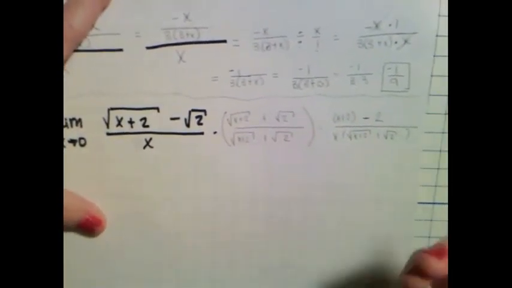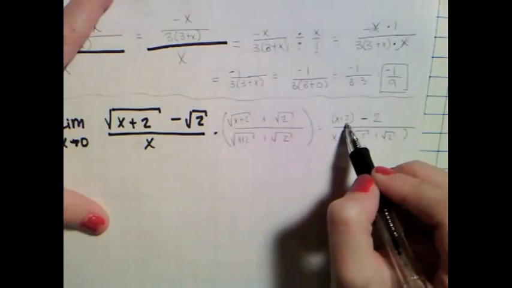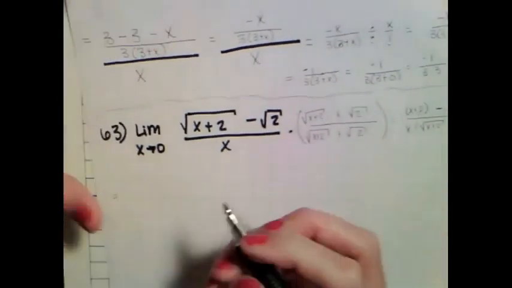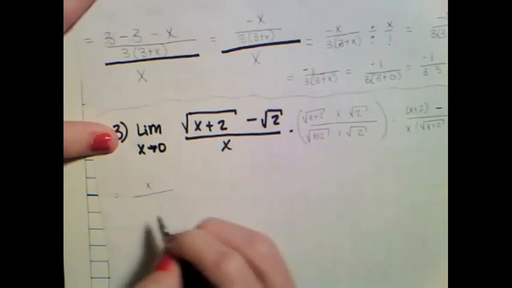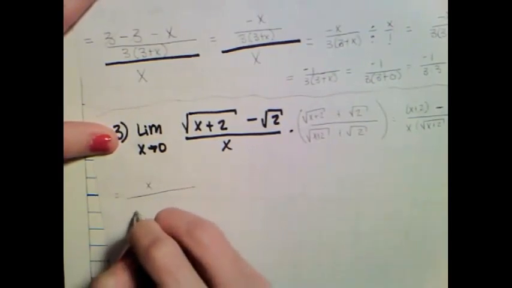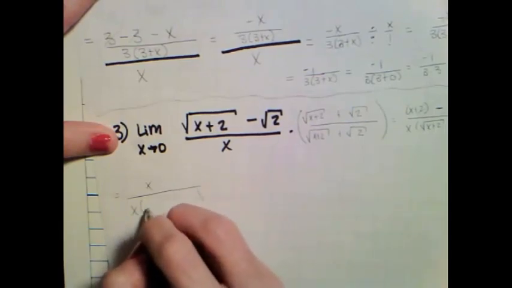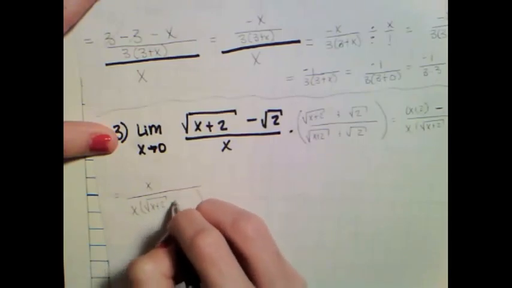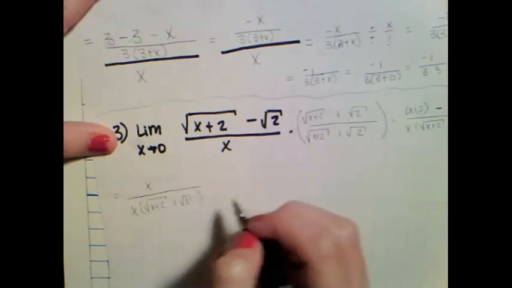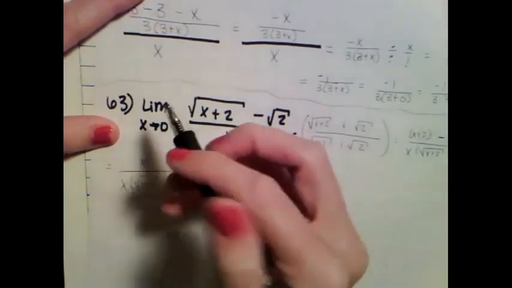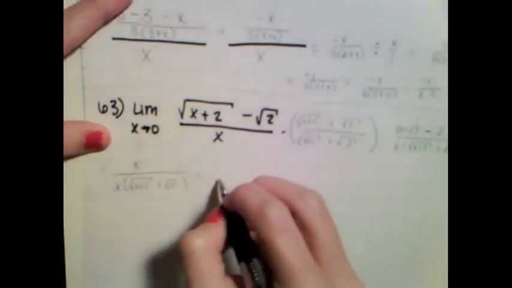And just continue to simplify this. In my numerator, I've got a +2 and a -2. Those will cancel. That'll leave me with x in the numerator and x in the denominator. Okay, common x's cancel.